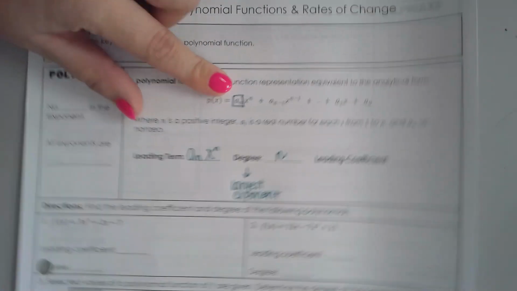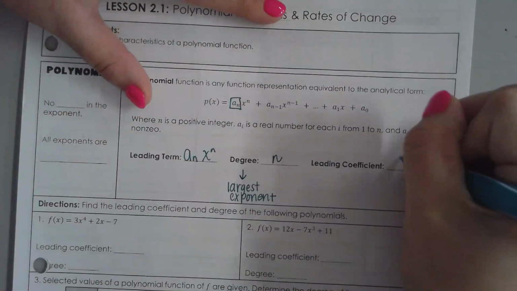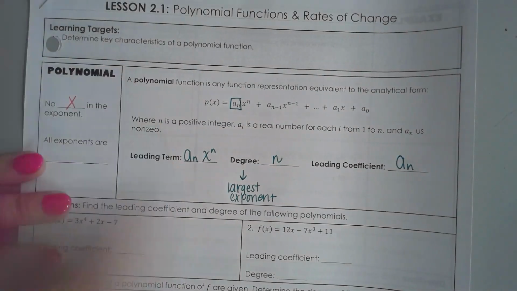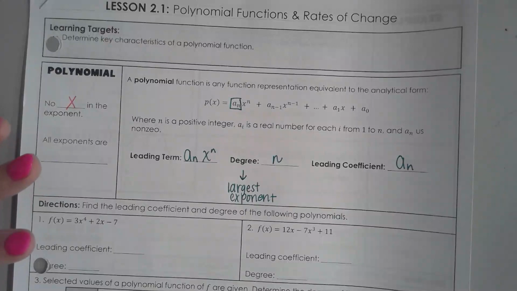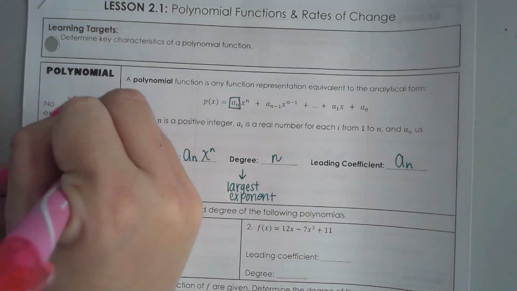So the leading coefficient is the coefficient of the first term. In this case, it's just a sub n. Some things you need to know for it to be considered a polynomial. There's no x in the exponent, and all exponents are positive.